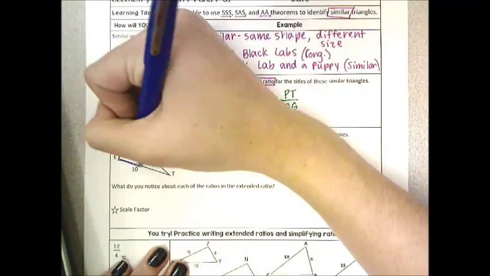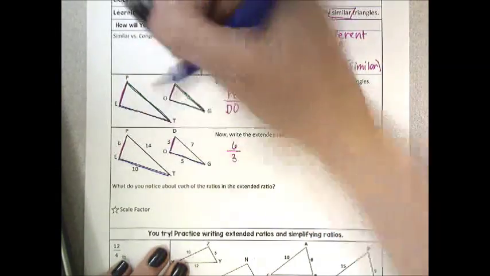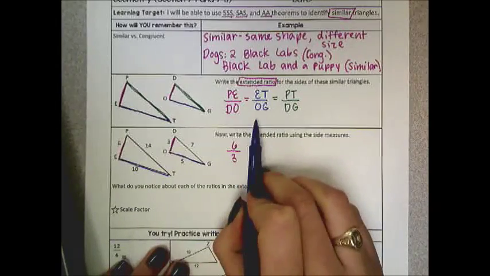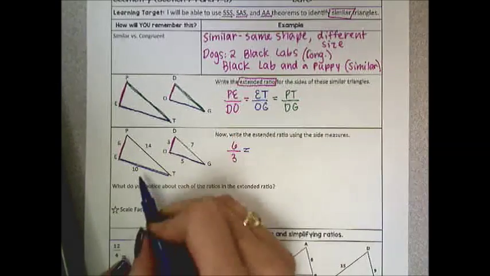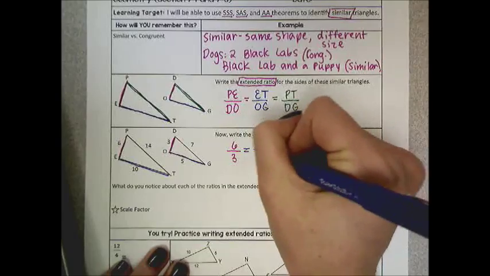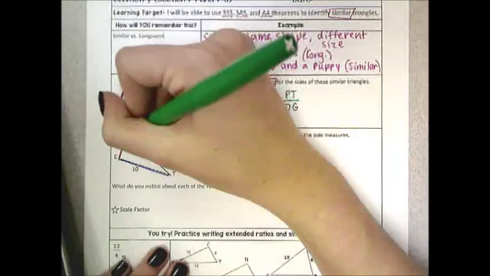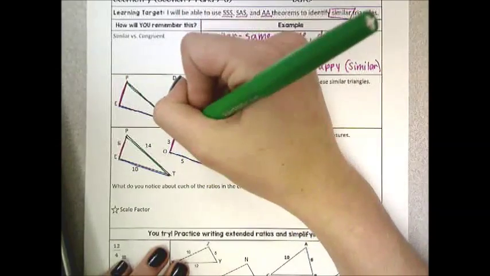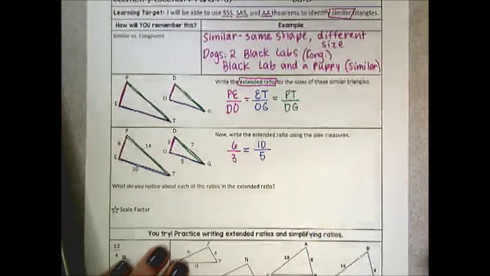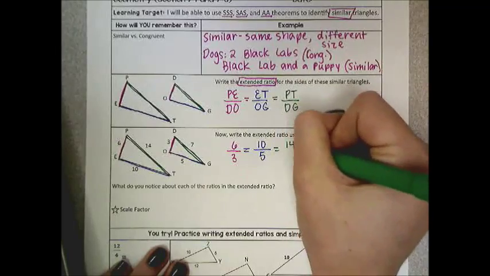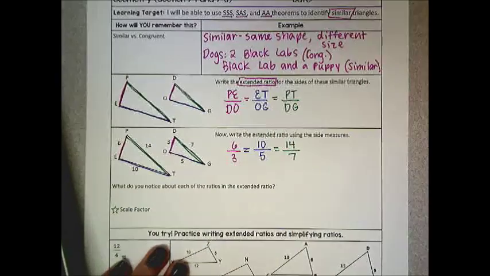Next up, I had ET and OG. I'm just looking at my ratio I'd written up here. I see that ET is 10 and OG is 5. Then I have PT and DG, and I end up with 14 over 7.